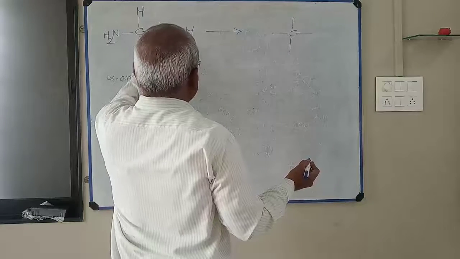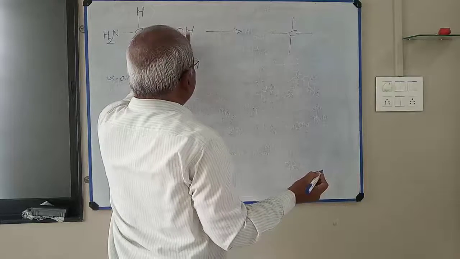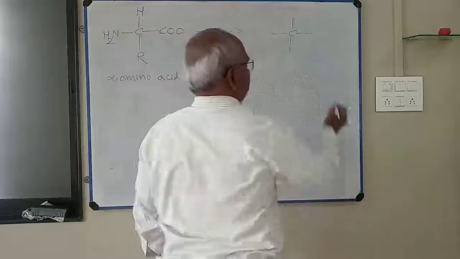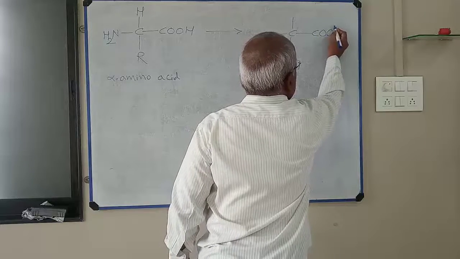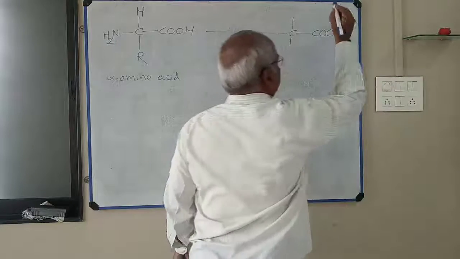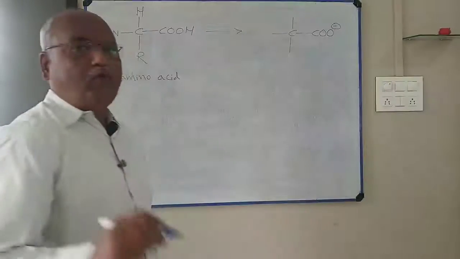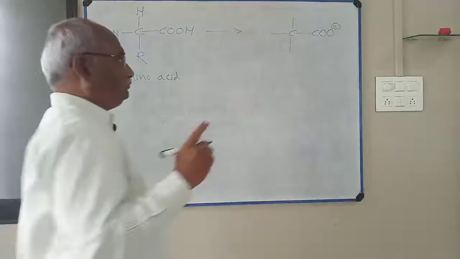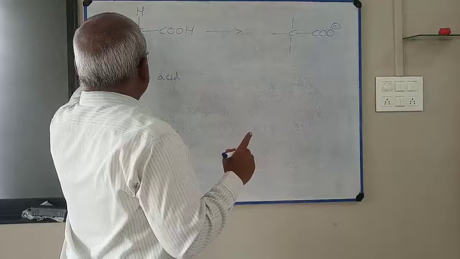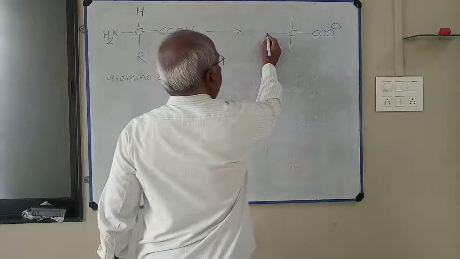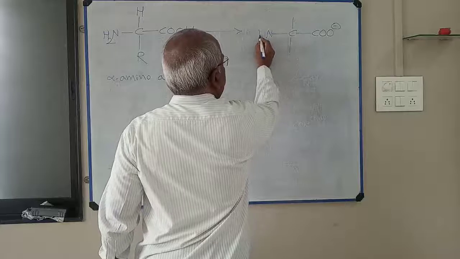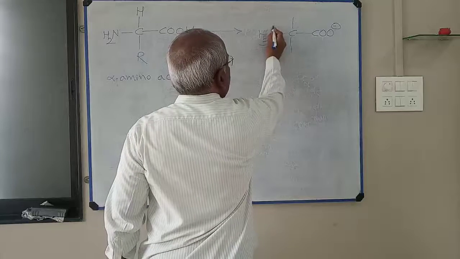This carboxyl group donates proton. When carboxyl group donates proton, it gets converted into carboxylate ion, and this NH2 group accepts proton and gets converted into NH3 plus group.